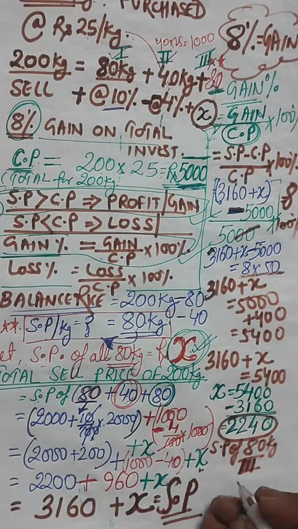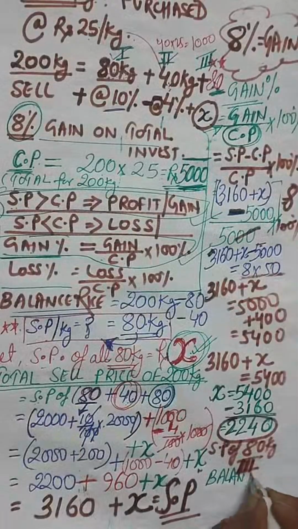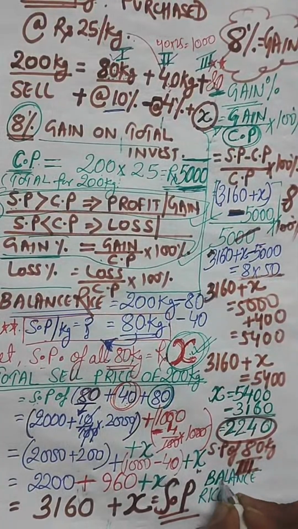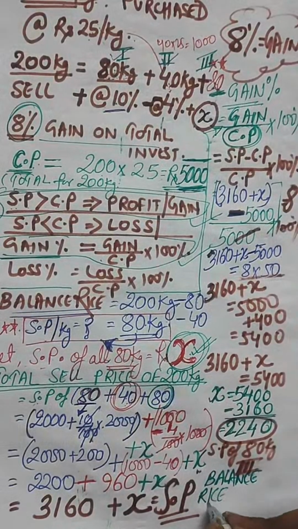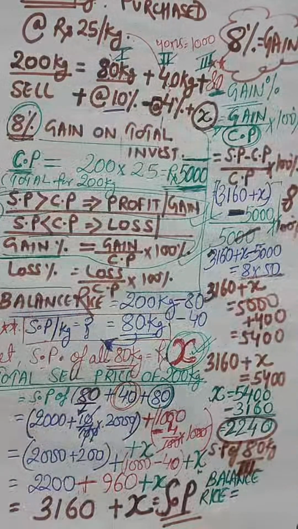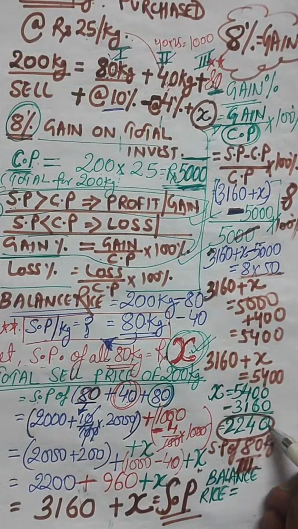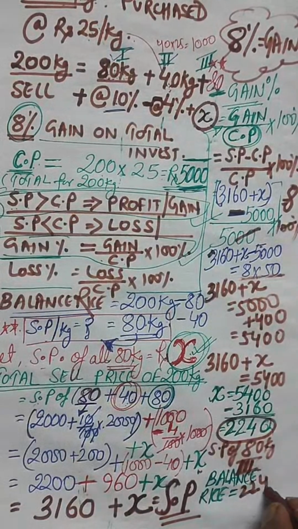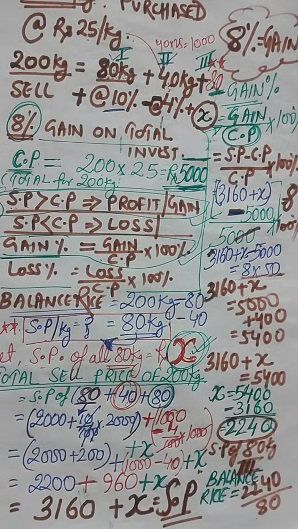So what is the cost per kg for the balance rice? The grocer needs to sell it at, what is the per unit price? The per unit price will be this 2240 divided by 80. 2240 divided by 80, right?